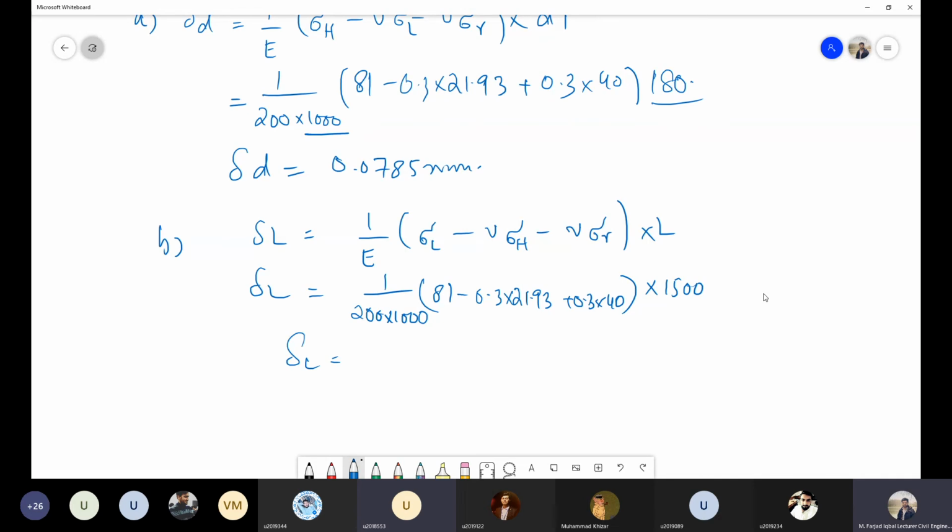Yes, there is one correction. The longitudinal stress was 21.93 and the hoop stress was 81. So now calculate this value.